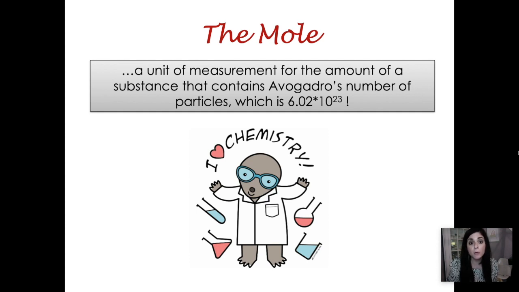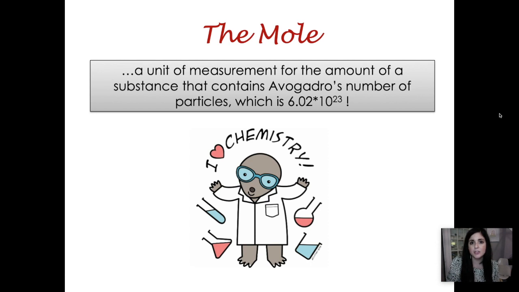However, for a mole, we say that 1 mole of something contains Avogadro's number of particles or things. And Avogadro's number is 6.02 times 10 to the 23rd. So 1 mole of something contains 6.02 times 10 to the 23rd of that thing. It's a representation of the quantity of something.